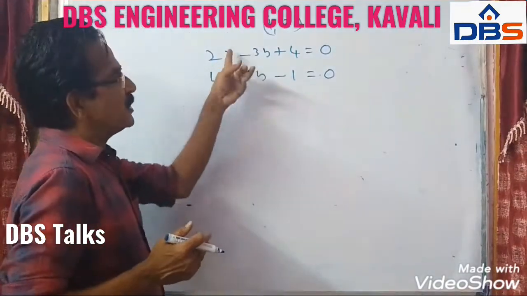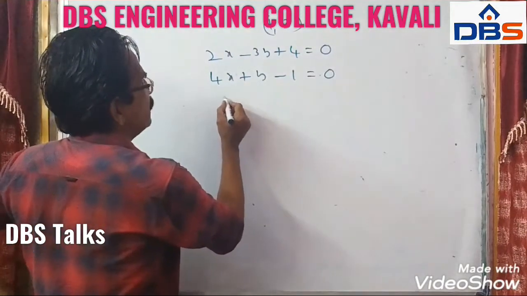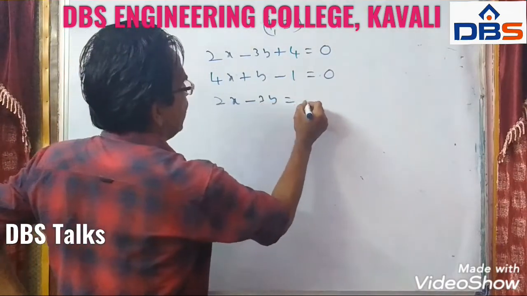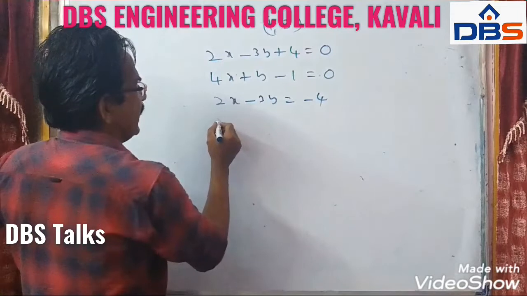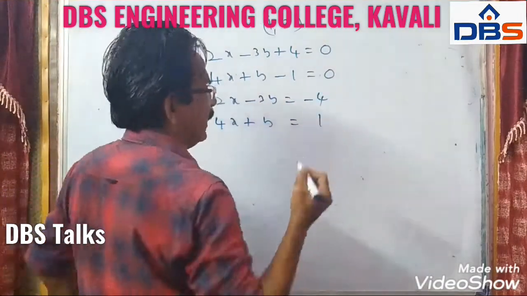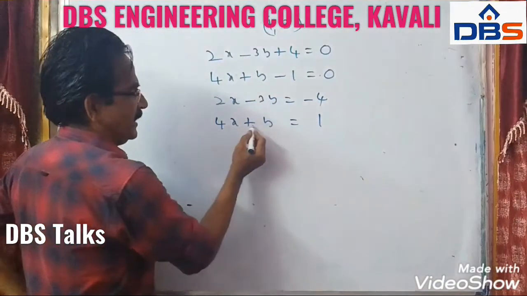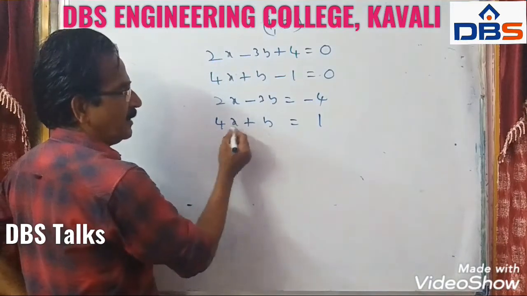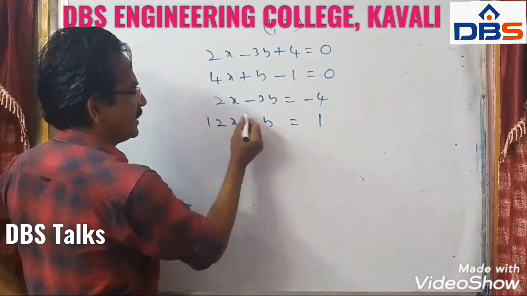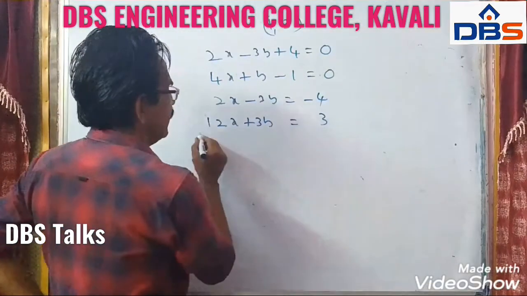So let us solve these two lines. First line is 2x minus 3y is equal to minus 4, and the second line is 4x plus y is equal to 1. Let us multiply the second equation with 3: 12x plus 3y is equal to 3.